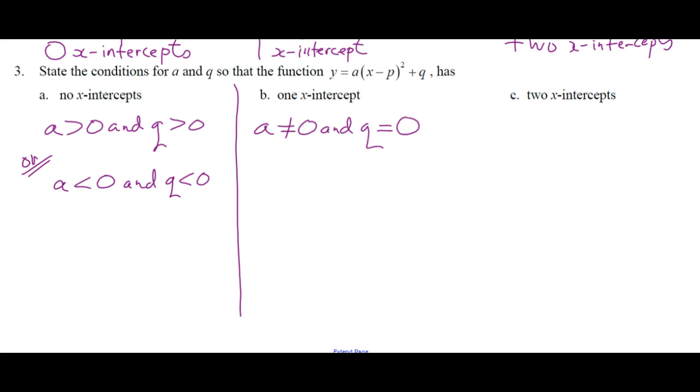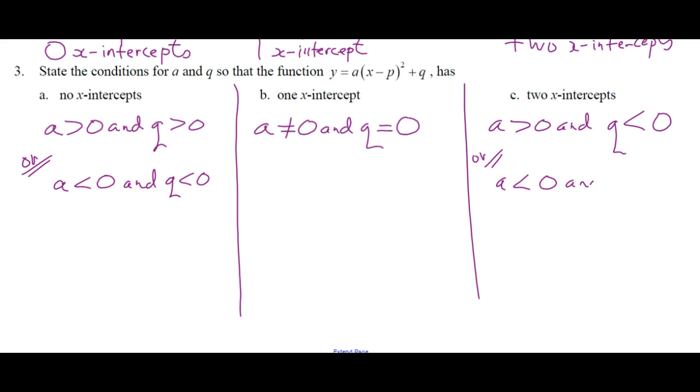And two x-intercepts? It's just going to be the opposite of the no x-intercepts. If a is greater than 0, if it opens up, then to have two x-intercepts, you're going to have to pull it down, and you'll have two x-intercepts. Or, if a is less than 0, then q is greater than 0.